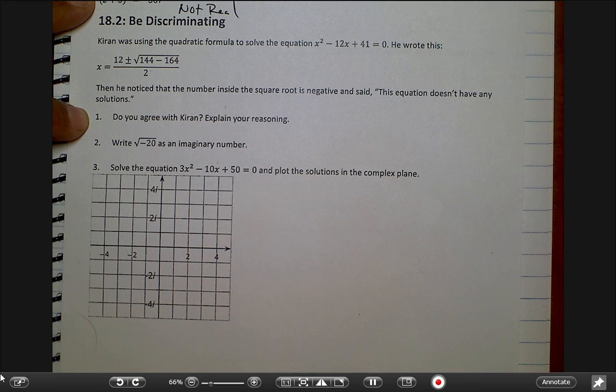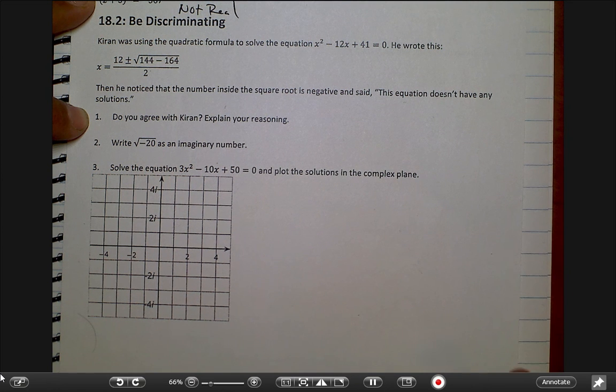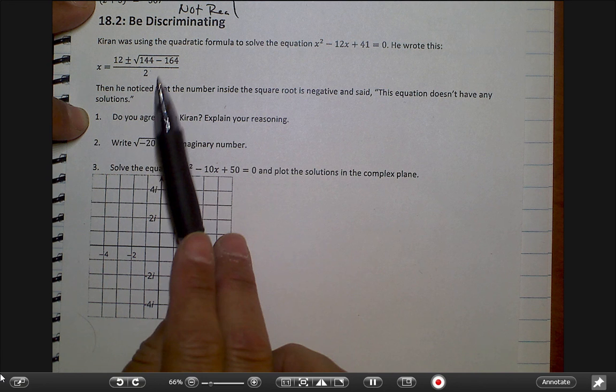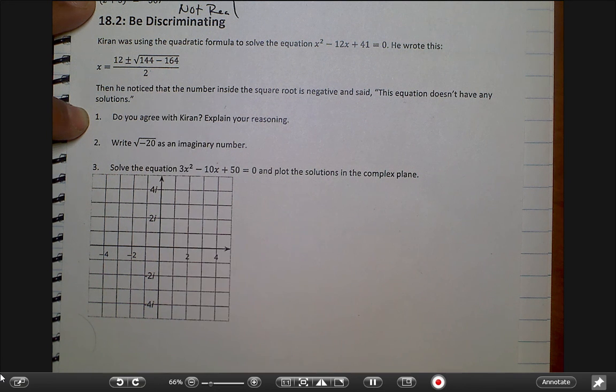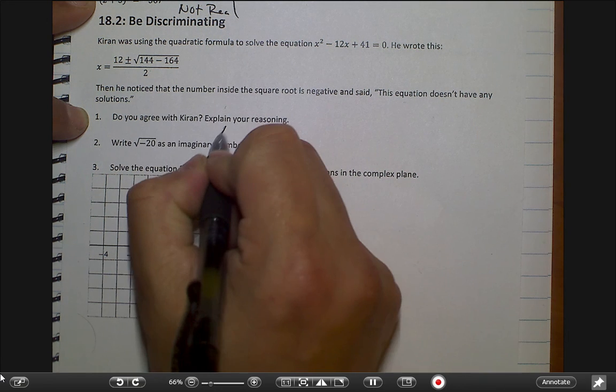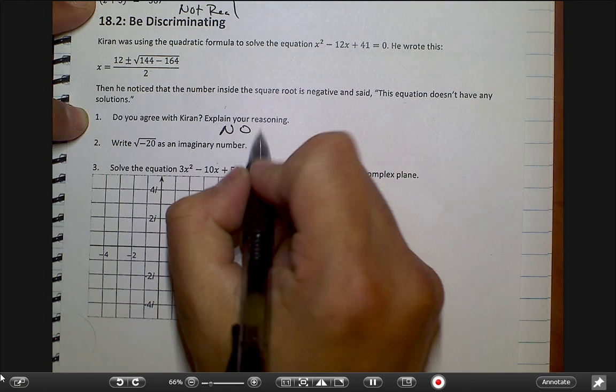Do we agree? Can we have a negative inside? Didn't we just do that a minute ago for not real? Yes, they're not real. So whenever I have a negative inside, it would be not real, which is imaginary. So we would say no, right? Okay, so we have imaginary numbers.